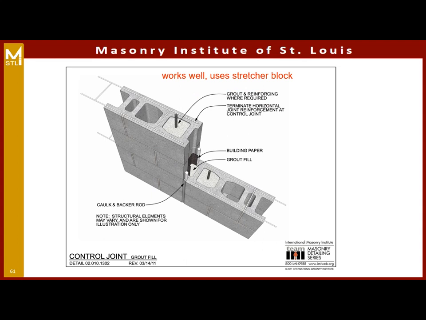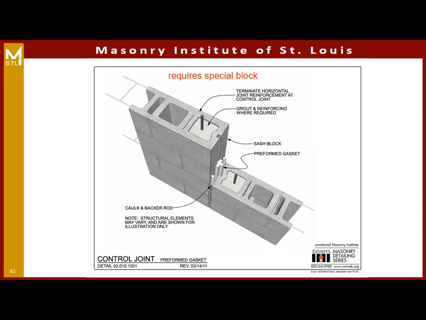This is kind of a typical control joint using just the typical masonry blocks. There are also more special applications as well. You get a better thermal performance with this setup, but you do need special blocks.